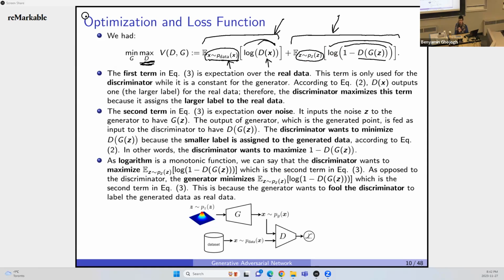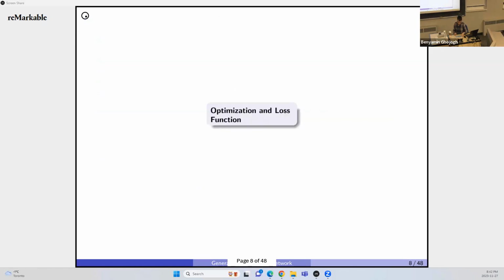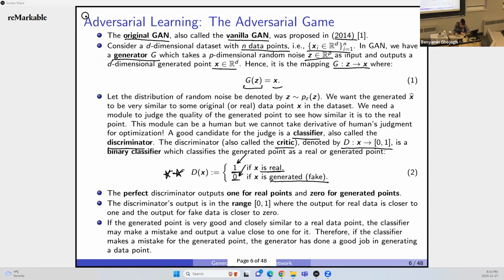You input it to the generator. G(z) is the output of the generator, so it's fake data. You feed it as input to the discriminator, right? What should the discriminator give you? In the eye of the discriminator, for the fake data, what should it give you? It gives you 0, right?